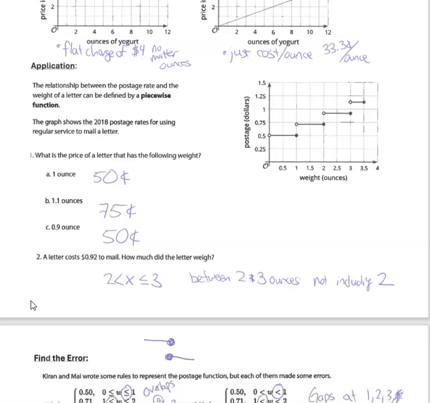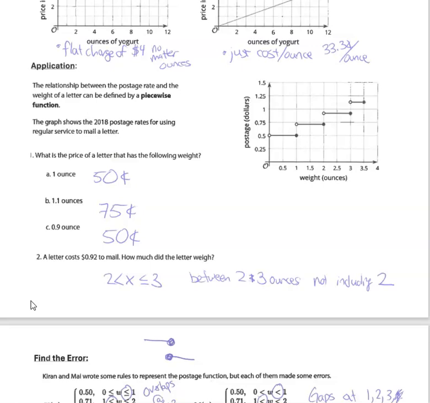So on here, we had to figure out what the price was going to be for 1 ounce, 1.1 ounces, and 0.9 ounces. If you look at this, for an input of 1 ounce, you can go up, and it seems like it could be on 2 different steps, either the 50-cent step or what I called 75. It's probably closer to like 74, it looks like. I didn't realize that was off the line a little bit, but about 74.